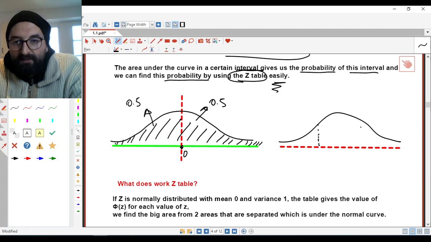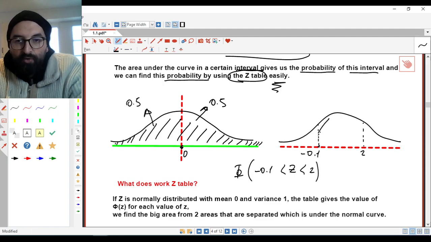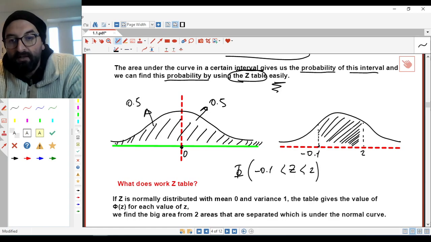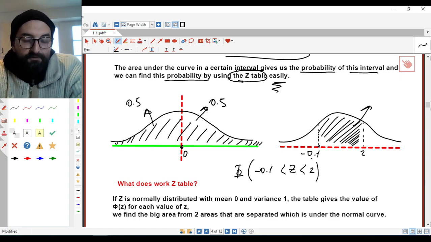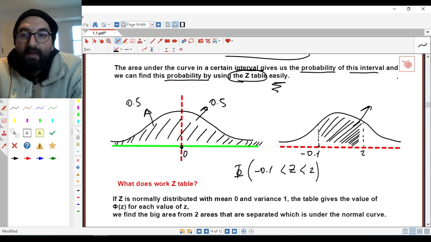If you want to find the probability of z less than 2 and more than negative 0.1, you have to use the phi function, and you have to find or solve this area from negative 0.1 to 2, okay?